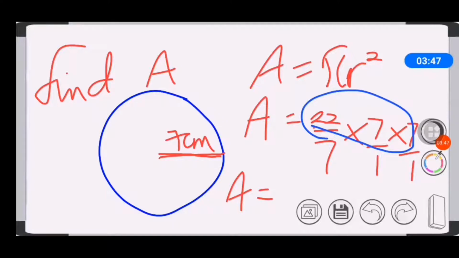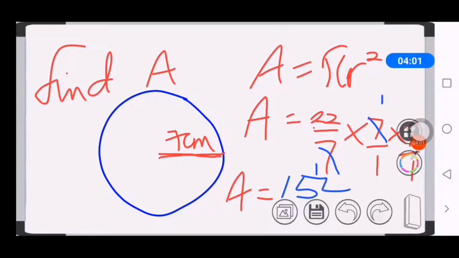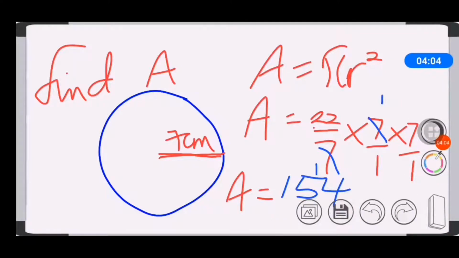So going by the method of cancellations, 7 would divide into itself, that's a 1. 7 would divide into 7, it's also a 1. When we multiply the numerators, we are going to have 22 times 7, which is 154. All over 1 times 1 times 1 is still a 1. So the answer is 154 squared centimeters. Got it? Great.